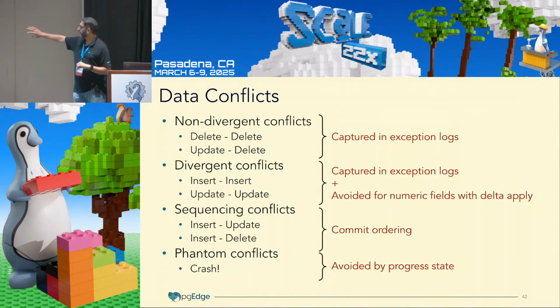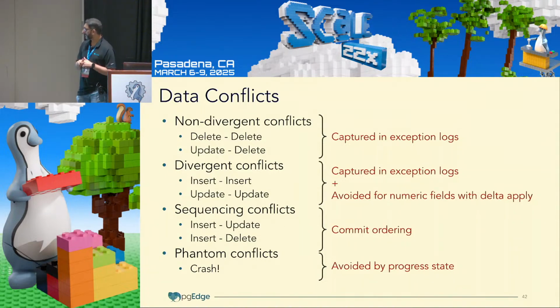So data conflicts, we're capturing them in exception logs. For non-divergent conflicts, we have exception logs. For divergent conflicts, we have exception logs, and we have numeric fields which are handled through a delta apply. We have commit ordering, which ensures that we do not have sequencing issues from one origin.